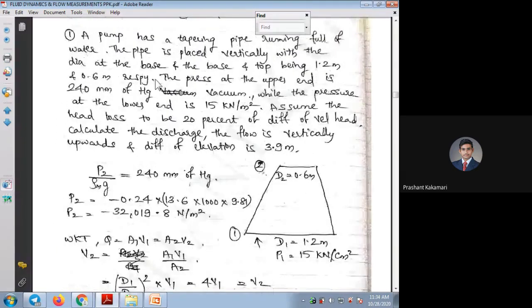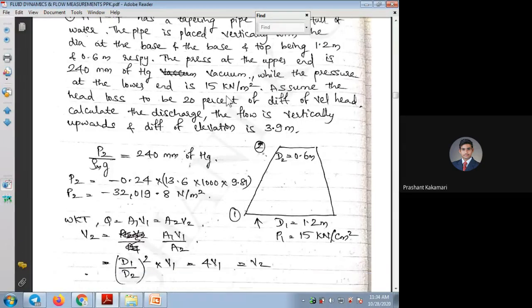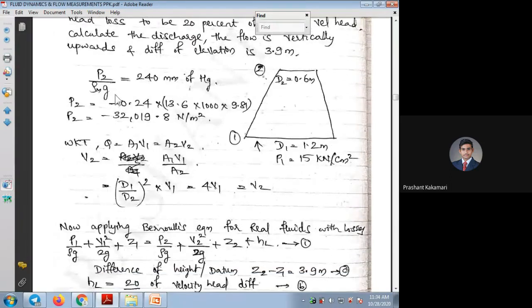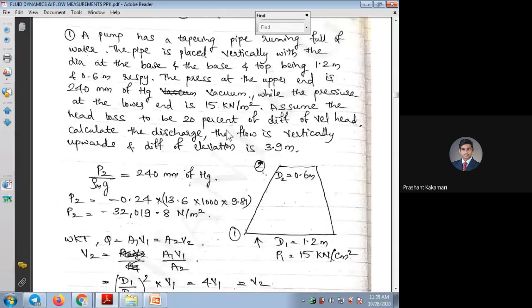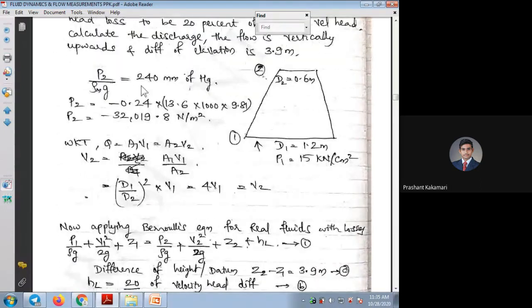Here, what is given? Pressure at the upper end is 240 mm of Hg, vacuum pressure. You can note down the pressure head at the upper end is 240 mm of Hg, vacuum.